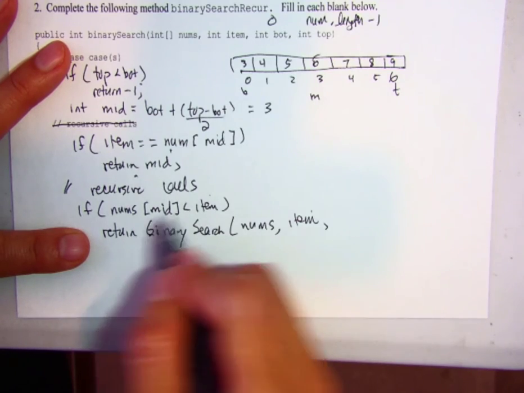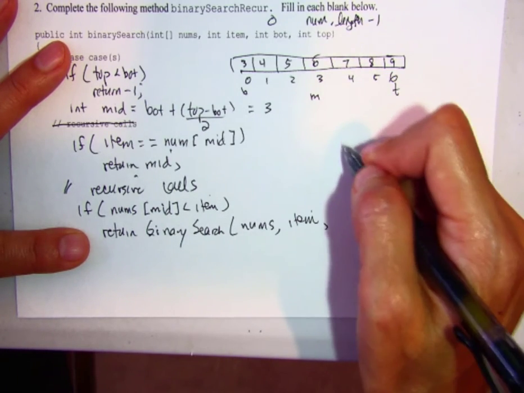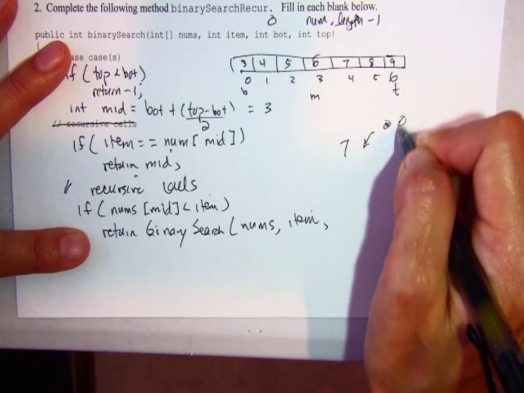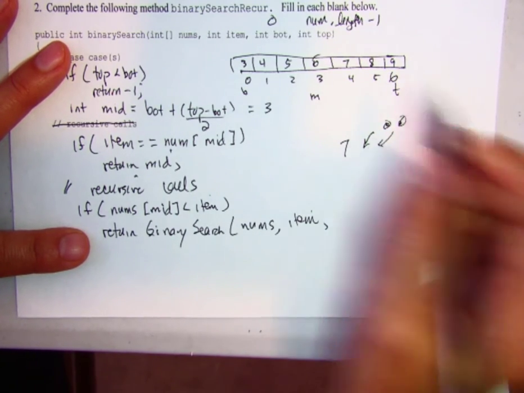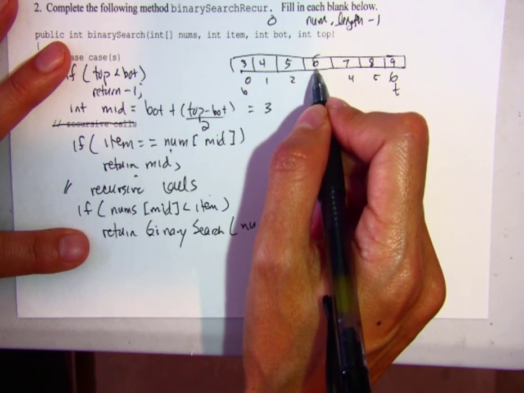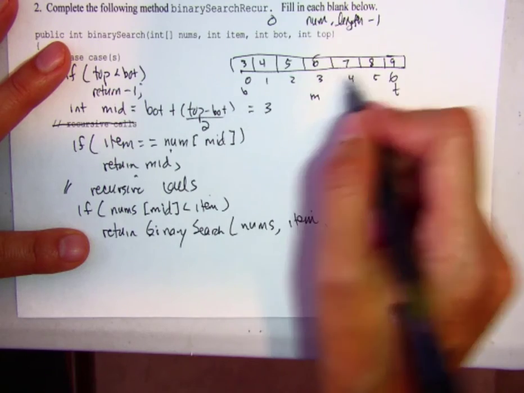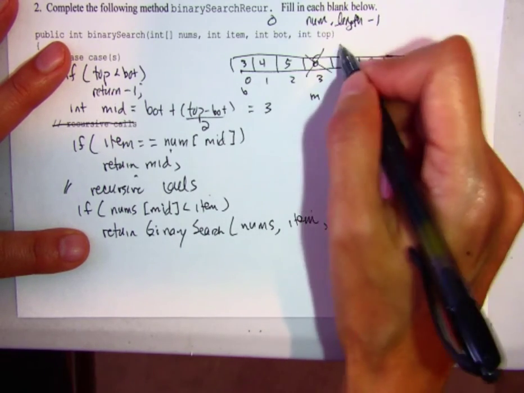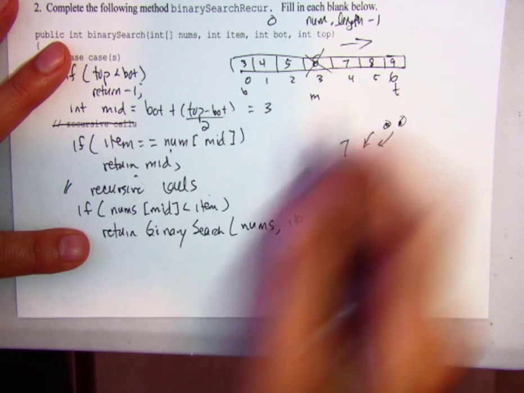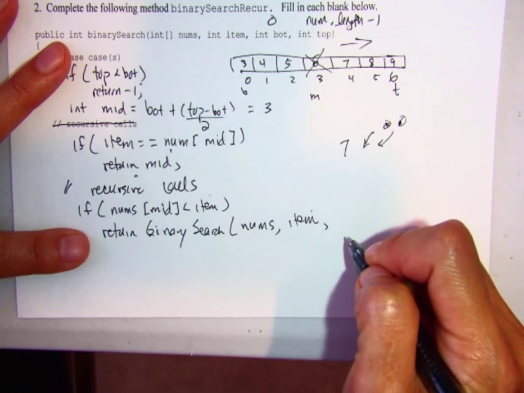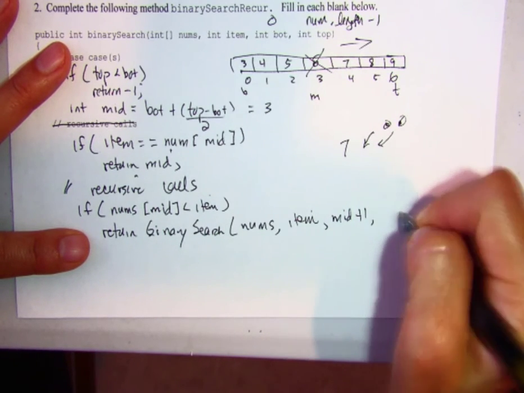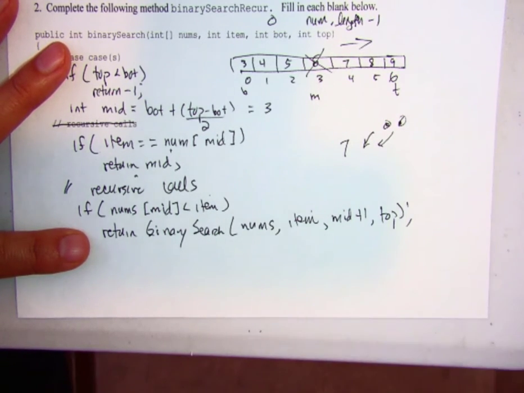Let's say the item we're looking for is 7, and this value is 6. That means the number we're looking for has to be somewhere over here. So we reassign bottom to mid plus 1, and the top stays the same.